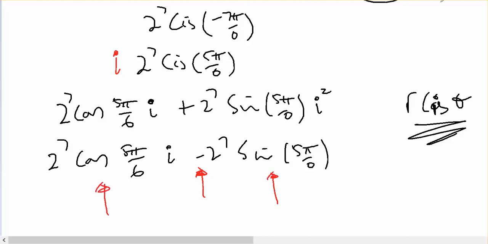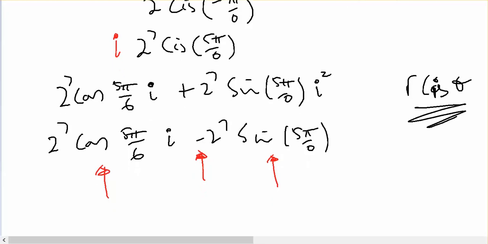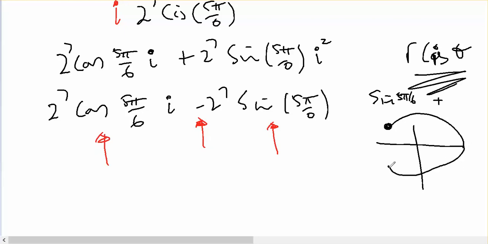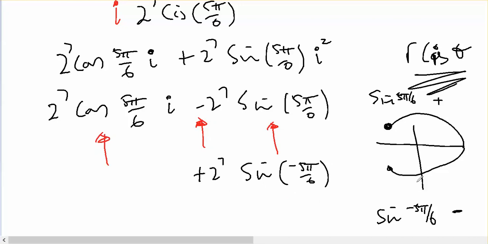Okay, so if I'm thinking about where 5 pi on 6 is, the sine of 5 pi on 6 is positive, but the sine of negative 5 pi on 6 is negative. So if I swap this to the sine of minus 5 pi on 6, then this answer is negative, but a negative times a negative just turned it into positive.